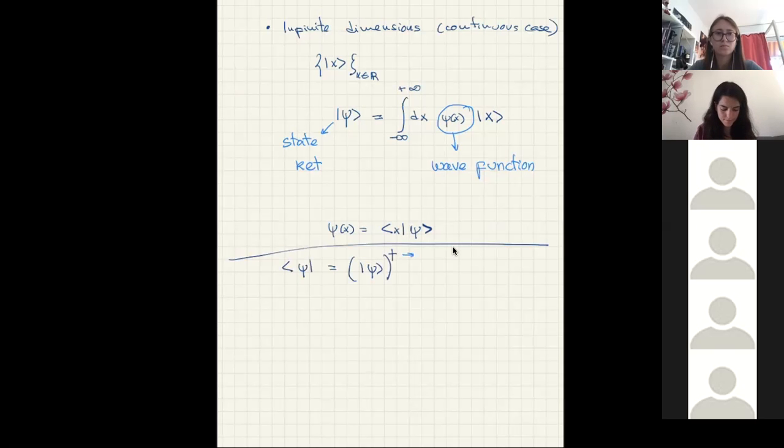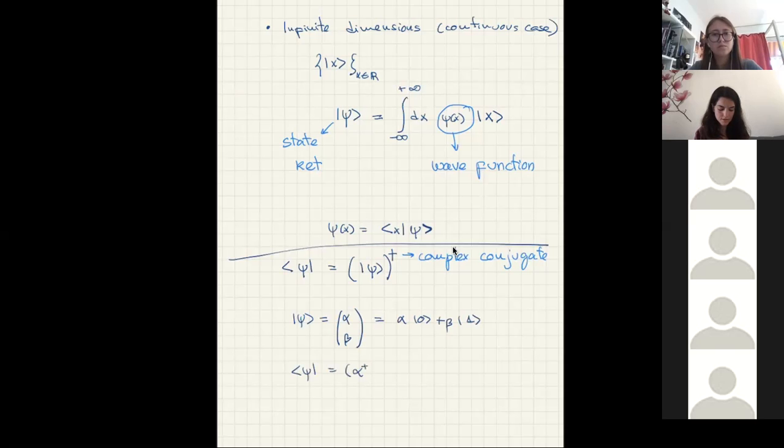So for example, we have this state psi, which before in the qubits was alpha beta, which was alpha 0 plus beta 1. And this is the complex conjugate. So it will be a row vector with the complex conjugate transpose.